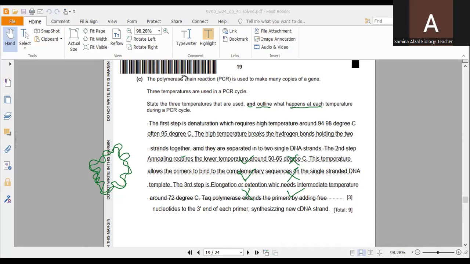So we have to state the three temperatures that are used and outline what happens. So this is a very simple question. We have only to add the different steps and the different temperatures. The first step, number one, is denaturation.